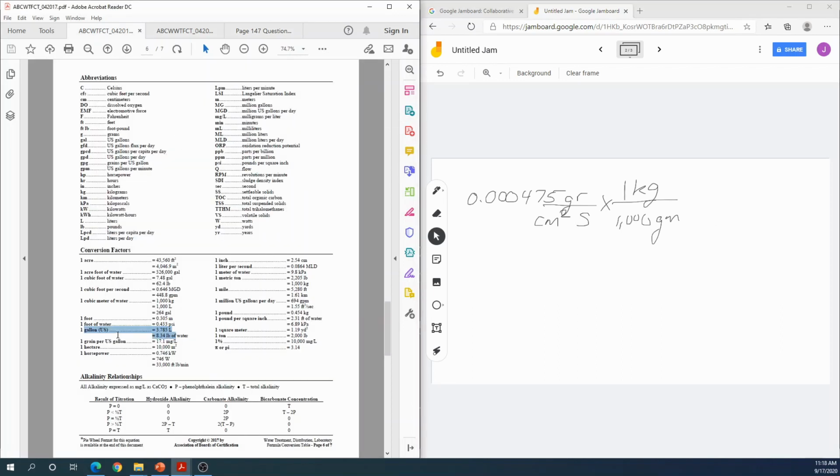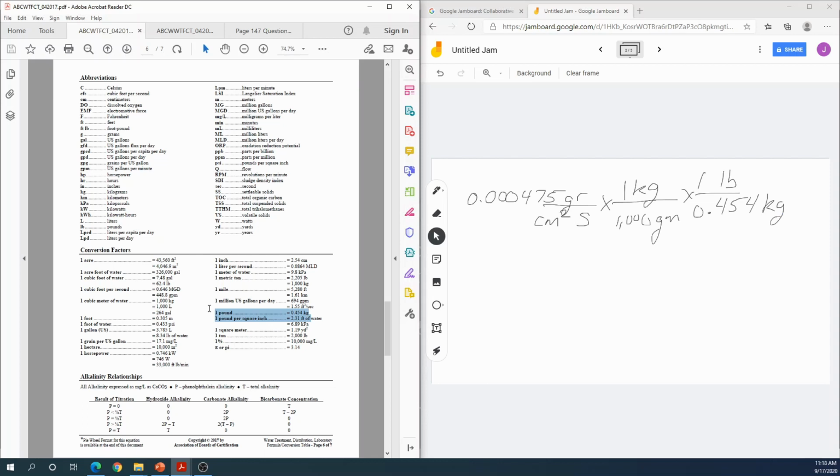So if we come back over here and look at our conversions, 1 pound, here we go. We got 1 pound is equal to 0.454 kilograms.